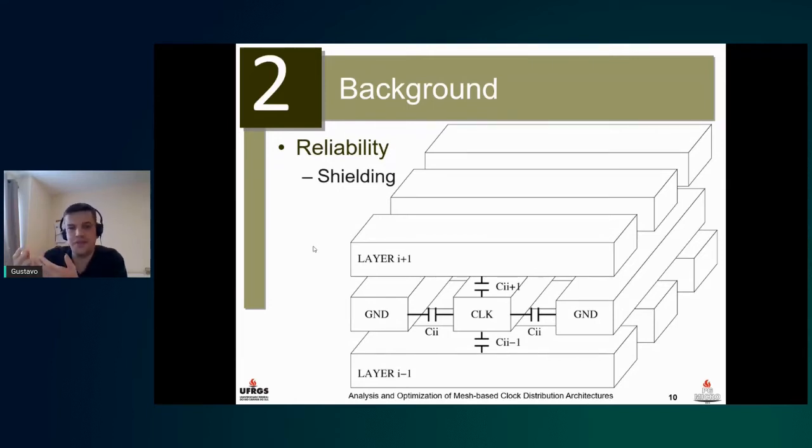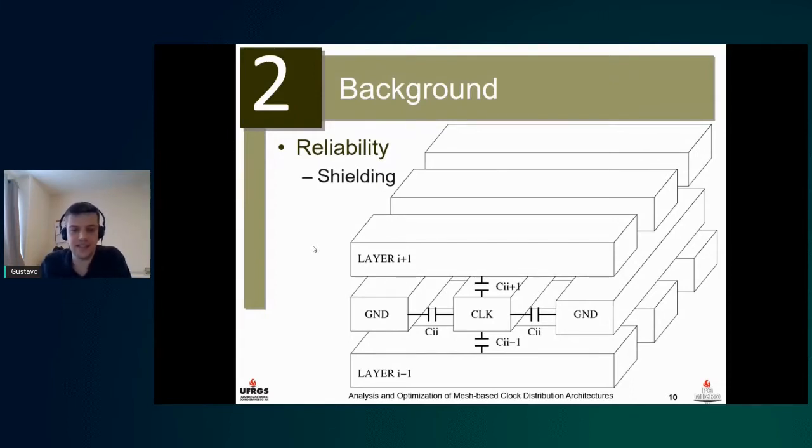But for some signals, it might make sense also to make shielding that would extend to the top and bottom layers. The main problem with that is that this is very greedy in terms of using routing resources, and it would cause trouble to the routing step.